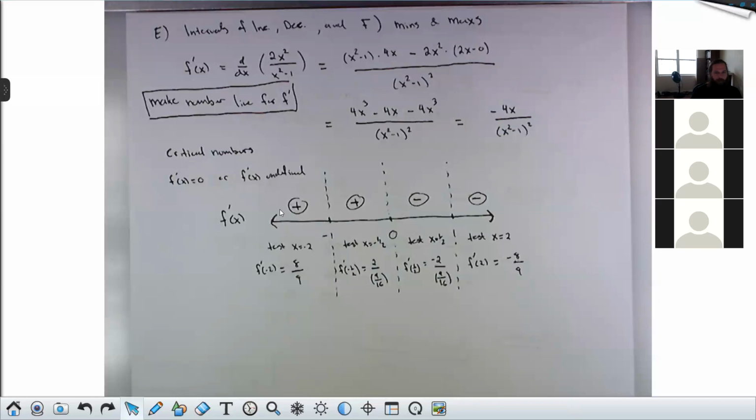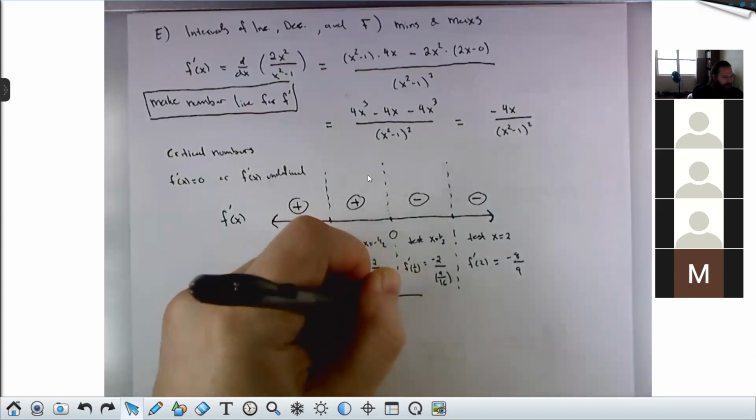Okay. Is there a min or a max at -1? No, there's not, because we're increasing here and we're increasing here. Is there a min or a max at 0? Yes. What's going on there? Is it a min or a max?